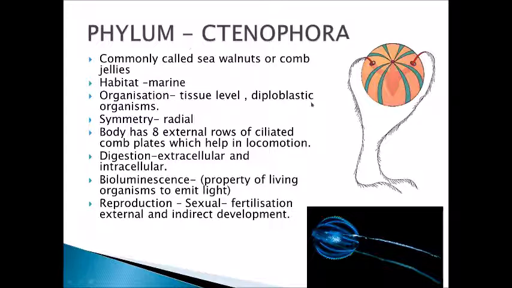Now this group of organisms shows a typical phenomenon called bioluminescence. Here you can see these organisms are glowing. They produce or emit light, and this property is called bioluminescence.